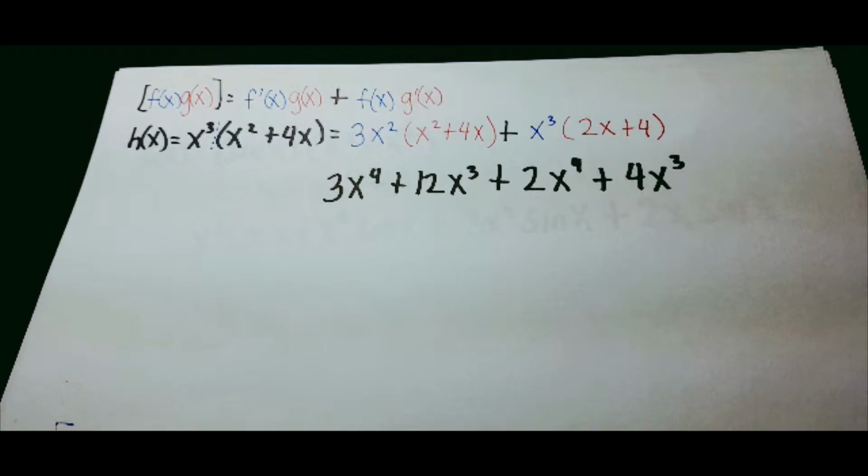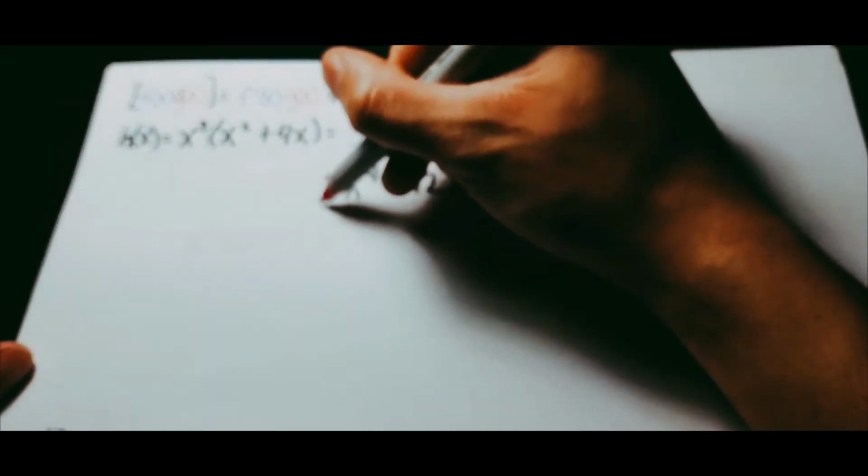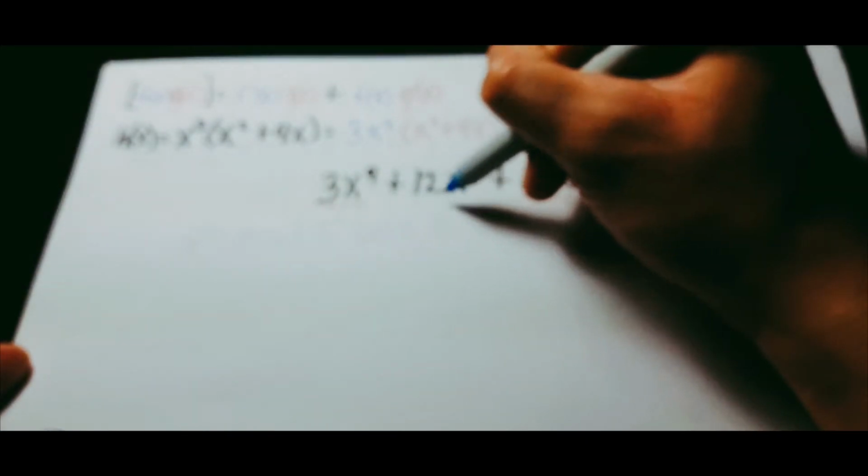And then we can further simplify this by combining like terms. In this case, I have an x to the fourth here, and then an x to the fourth here. Okay, so here I have x to the third power, and the same one over here, x to the third power. So if I combine them, I'll have 3x to the fourth plus 2x to the fourth.